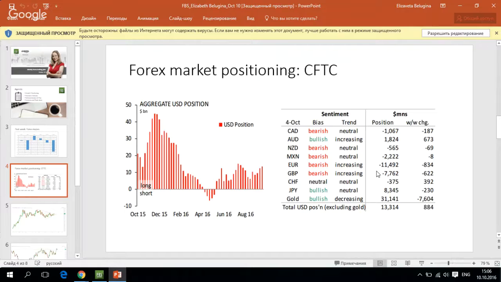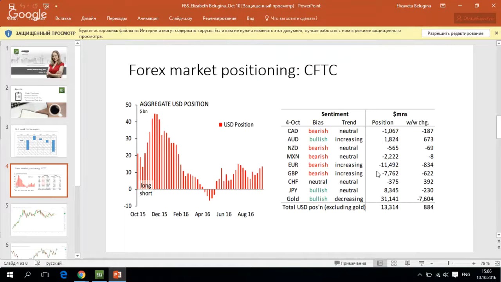And for dollar yen, the net bullish position has declined a bit, but still remains sizable. I think that the next data will show that the yen bullish position has contracted further, but still there is space for the Japanese yen to lose more ground versus the greenback according to this data.